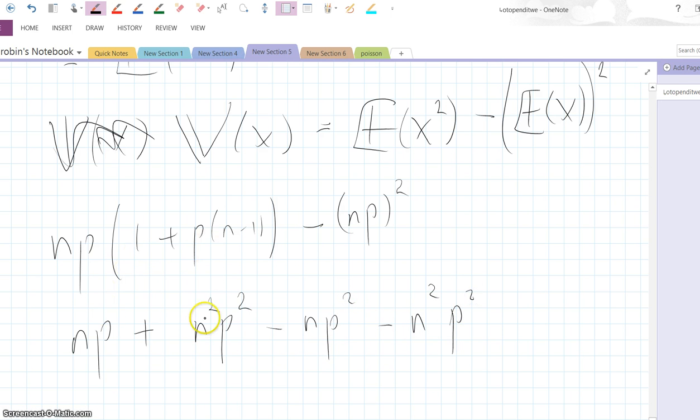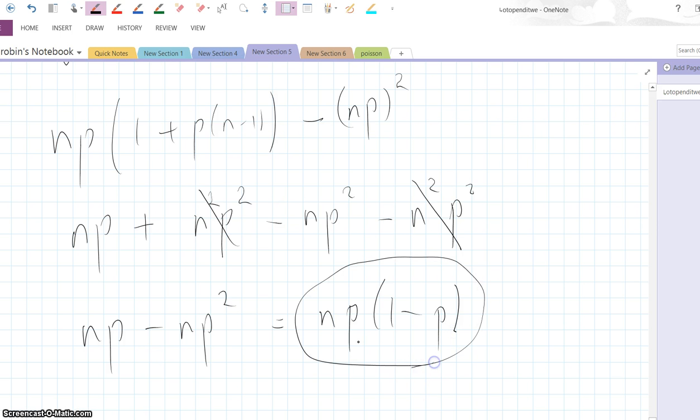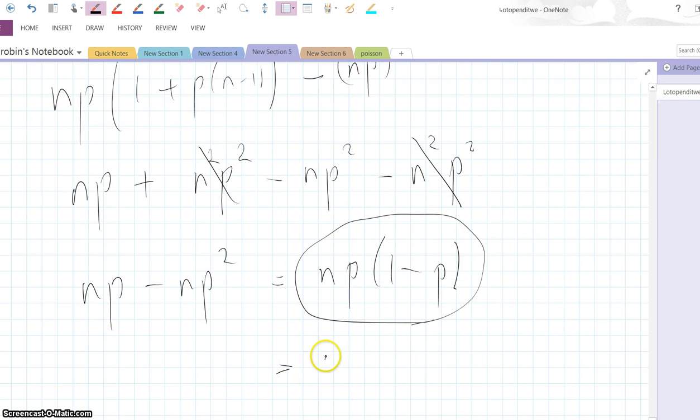That's that. That minuses that, and that's that. So that cancels with that. That's nice. So that's equal to np minus np squared equals np(1 minus p). Ah, we've seen that before. You might have seen it like this, equals npq.